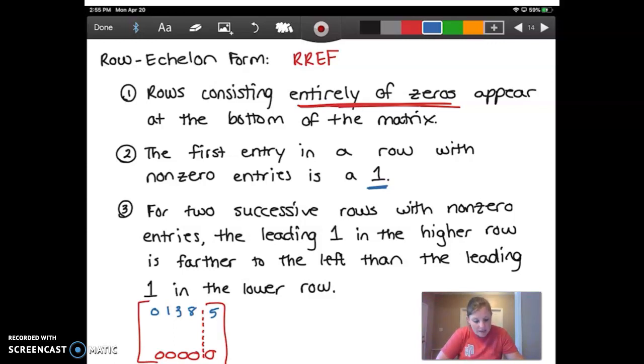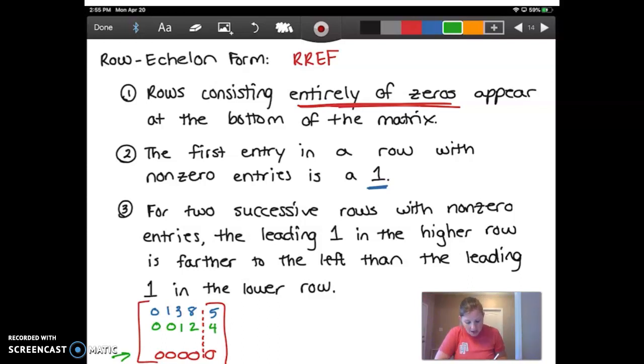Okay, the very last one says for 2 successive rows with non-zero entries. In other words, we're talking about something that's not just an entire row of zeros. The one in the higher row, the leading one, is farther left than the one in the lower row. So I would have something like 0, 0, 1, 2, 4. That would put this in reduced row echelon form.